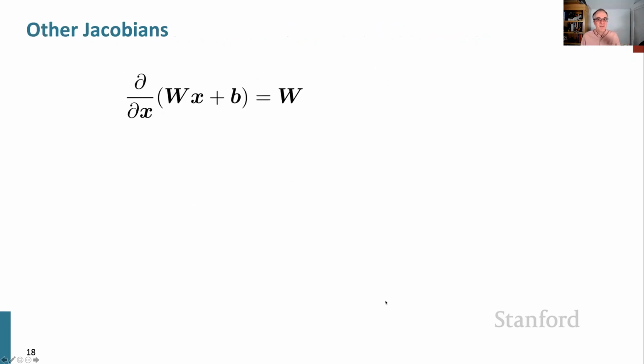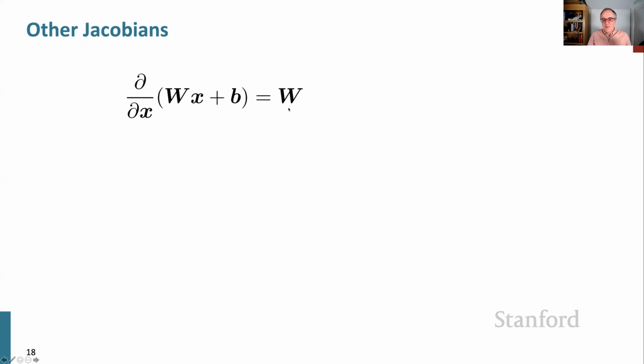Okay, so let's look at a couple of other Jacobians. If we've got this Wx plus b basic neural network layer, and we're asking for the gradient with respect to x, then what's coming out is actually going to be the matrix W. So what I hope you can do is look at the notes at home, work through this exactly, and see that this is the right answer.